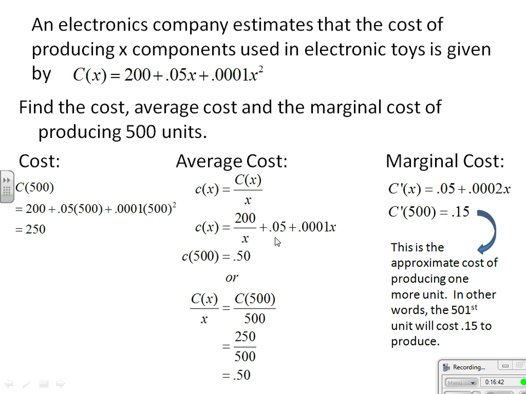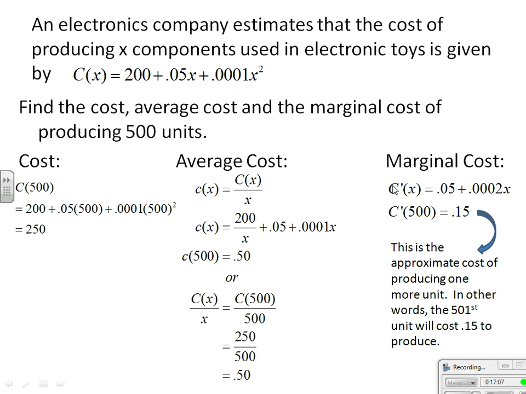If you want to, you can go back to your original cost equation, plug in the 500 there, and remember you're dividing it by how many items you have, which is 500, sorry. So anyway, whether you want to do it this way or this way, same thing, 50 cents a piece. Okay, marginal cost now.